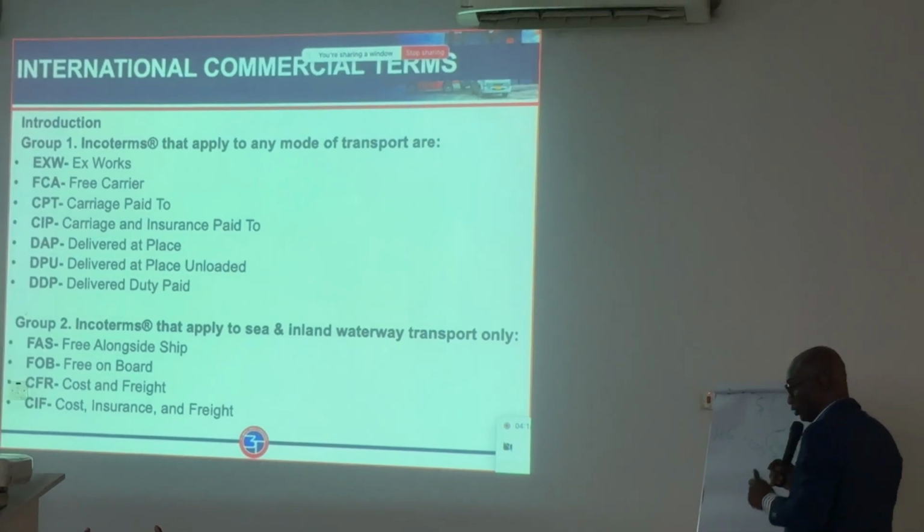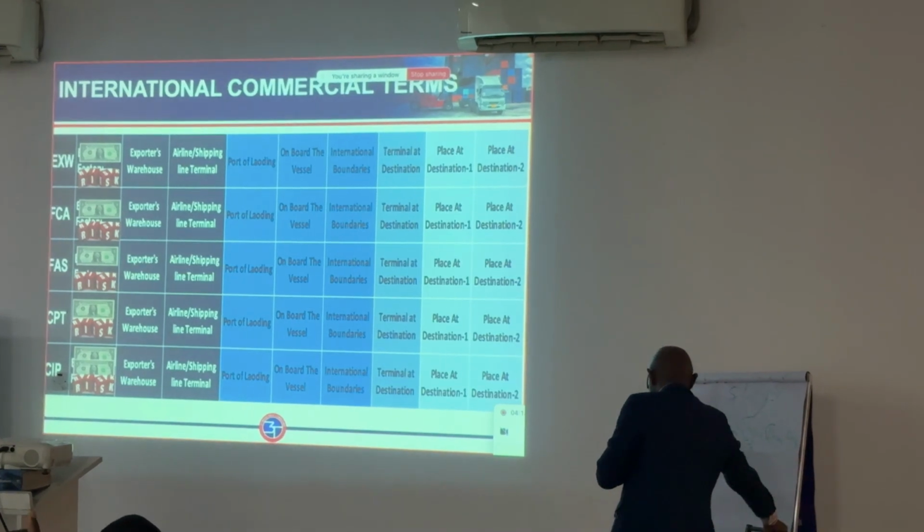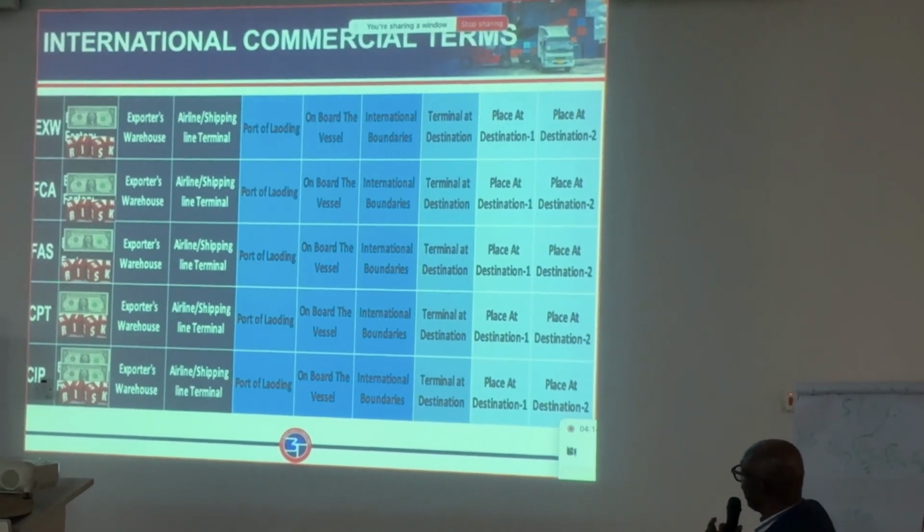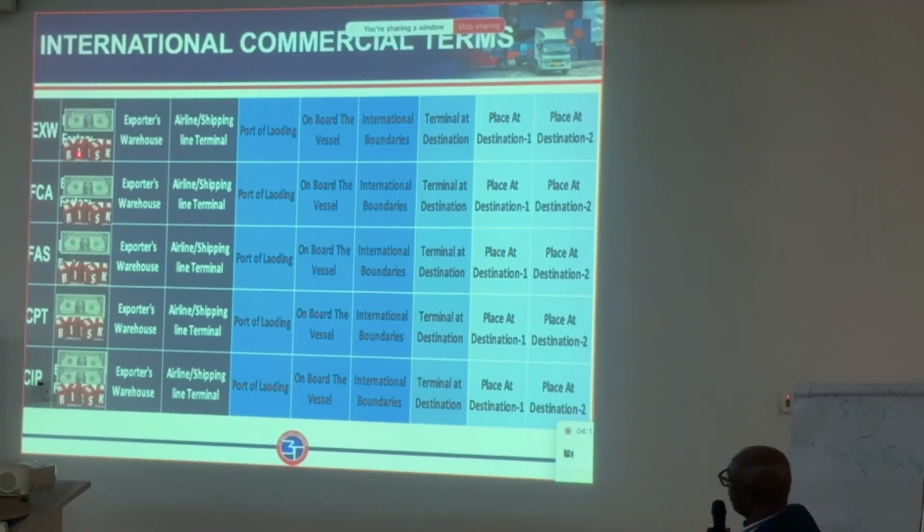So I will do a simulation demonstration. So let's look at this. Imagine that this is an exporter. This exporter, let's say, is in China, and there's an importer in Nigeria that is buying from this exporter.